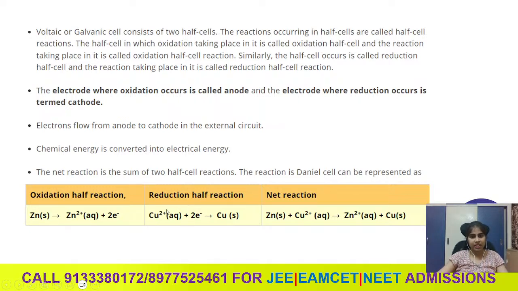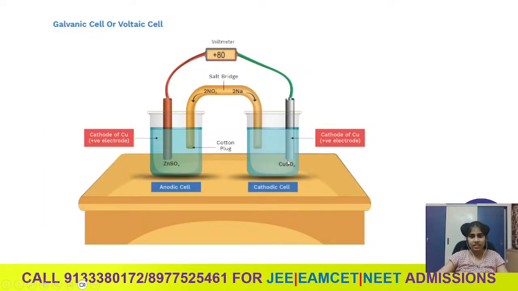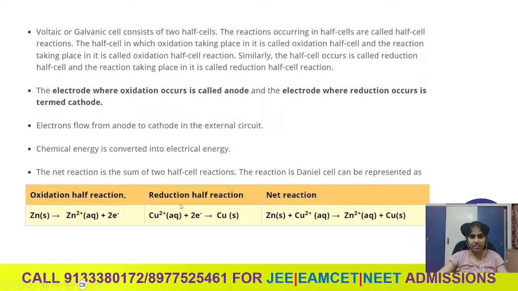And when reduction happens, in the copper sulfate solution, it takes 2 electrons and converts into copper. So what will be the net reaction? If you add both of these reactions, zinc plus copper 2+ ions will give rise to zinc ions, which is in aqueous state, and copper is converted into a solid form.